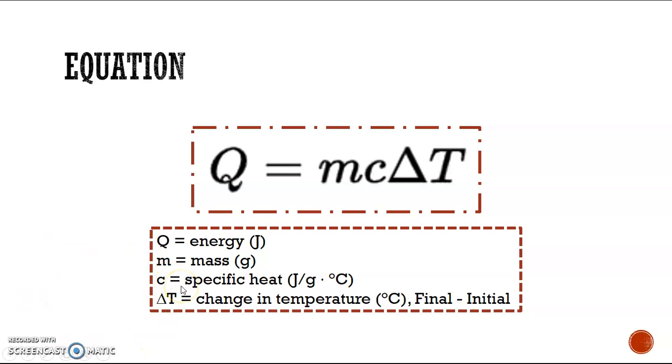C is going to represent the specific heat capacity of our substance being studied, and that is joules per gram degree Celsius. And then delta T is going to be your change in temperature, and that needs to be in degrees Celsius. So this is different than what we've been doing previously, where we always had to have Kelvin. For specific heat problems, we always need degrees Celsius.